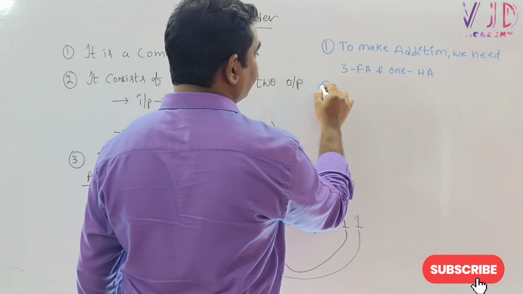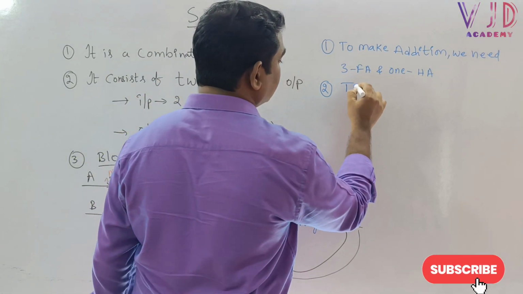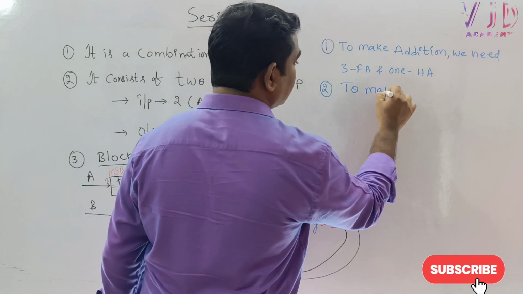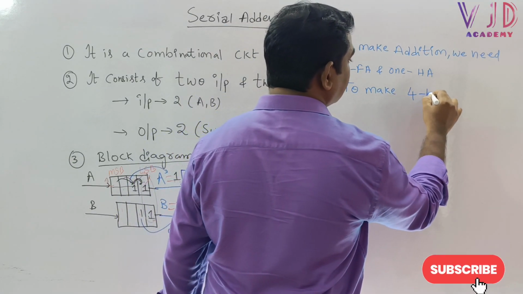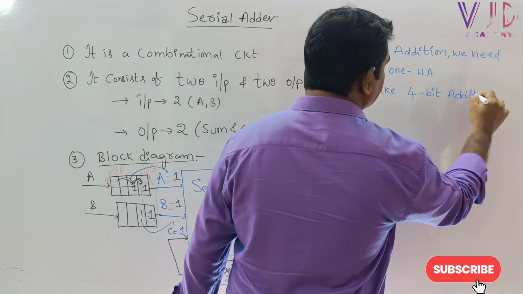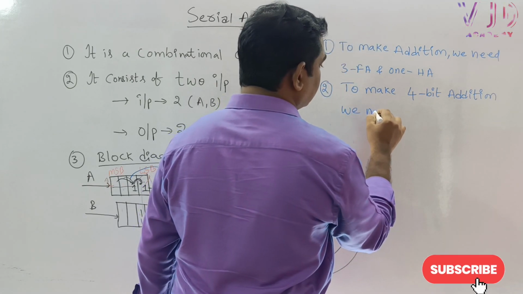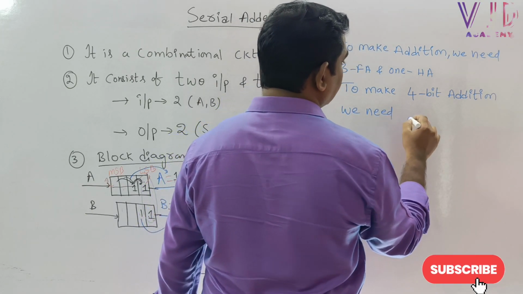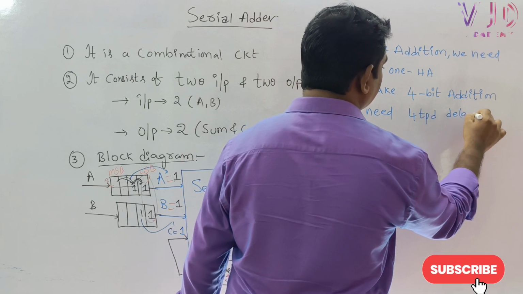And next, to make 4 bit addition, we need 4 TPD delay.